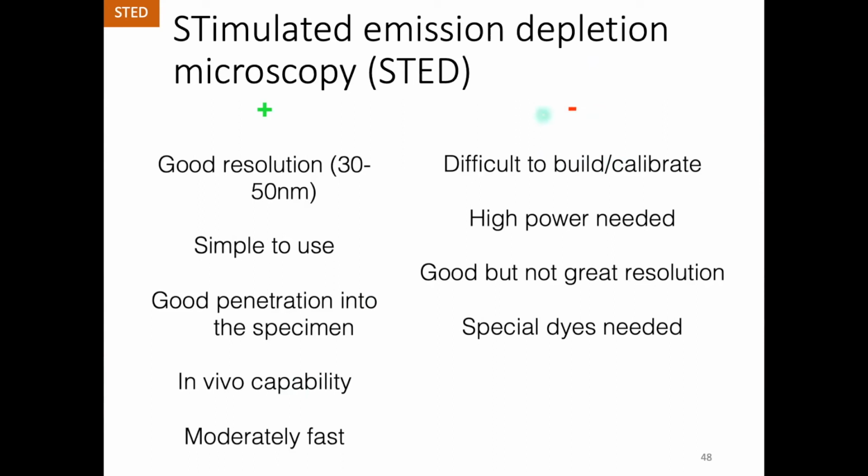It's difficult to maintain and to calibrate. You need high power lasers, and you need special dyes that are actually undergoing this stimulated emission, right? So not all dyes that are commonly used in chemistry or in biology can be used for this microscopy technique.